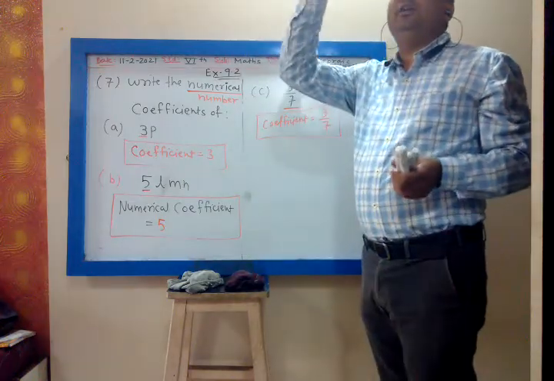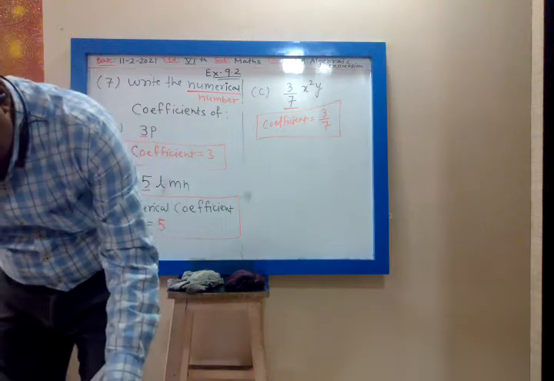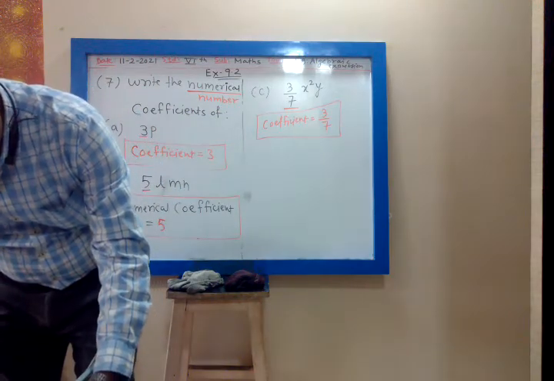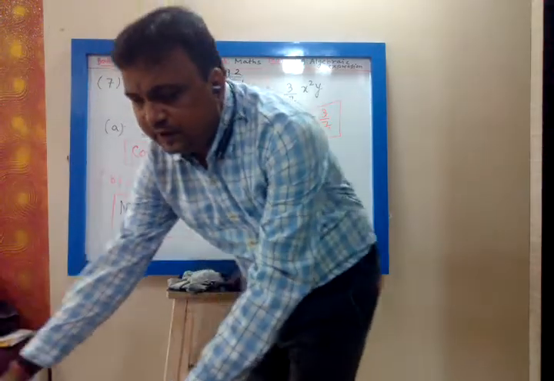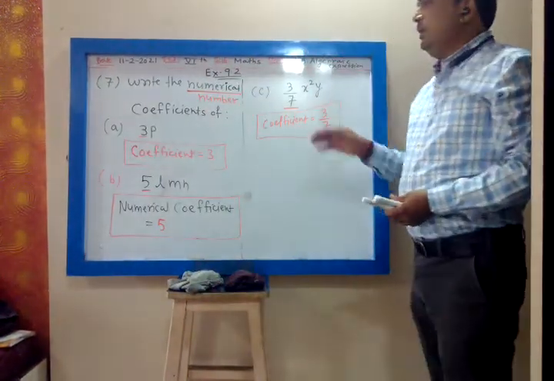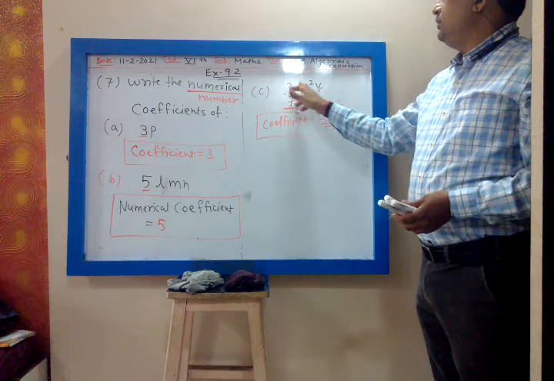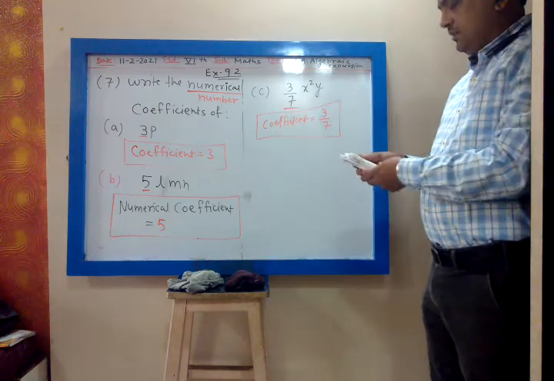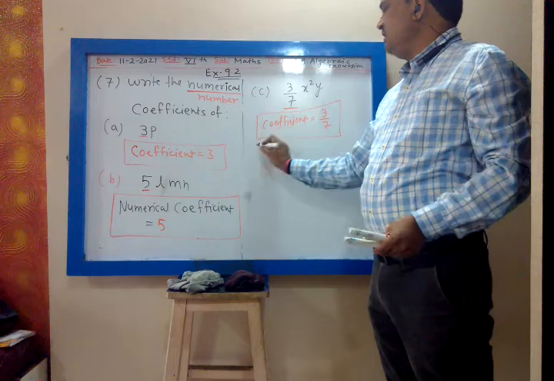No, that exponent, that power, we do not consider in the numerical coefficient. The numerical coefficient is the number attached to the variable. So 3 upon 7 is the number attached to x square y. So my numerical coefficient is 3 by 7.